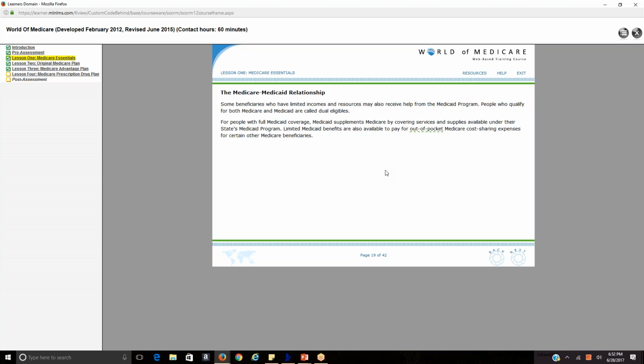Limited Medicaid benefits are also available to pay for some of the out-of-pocket Medicare cost-sharing expenses for some of the other Medicare beneficiaries. Always remember that in the Medicare-Medicaid relationship, Medicare is always primary, Medicaid is always secondary.